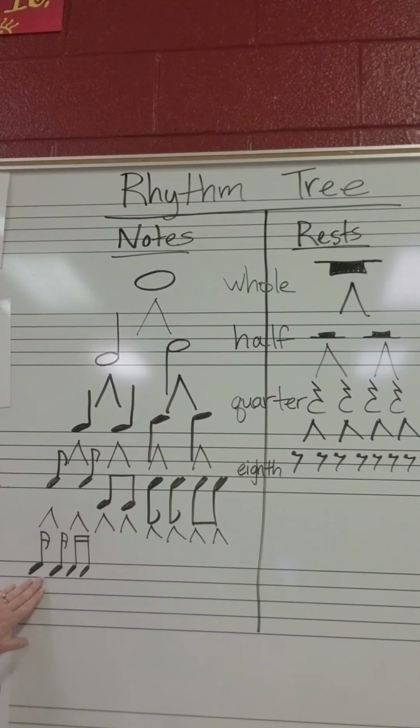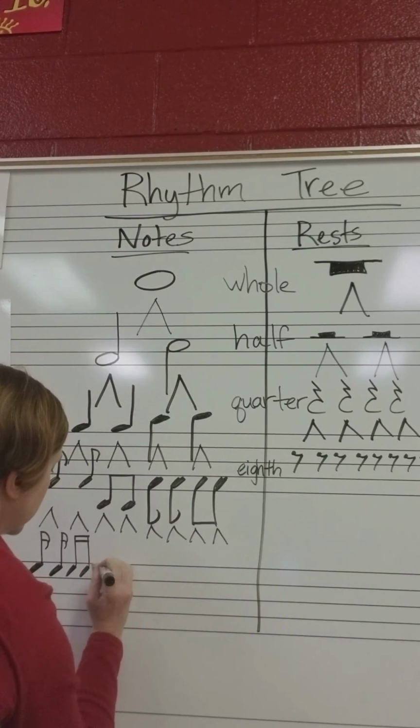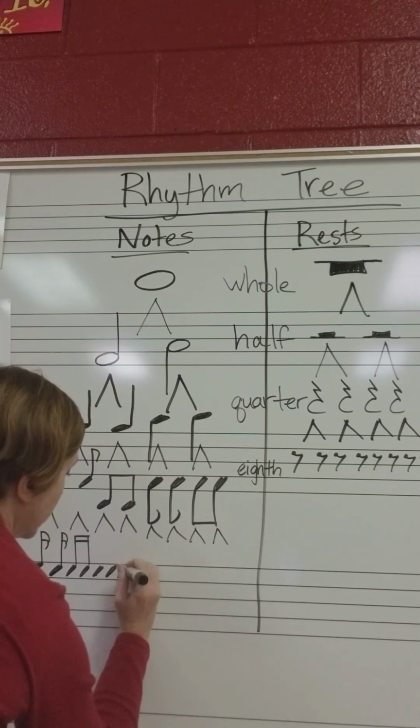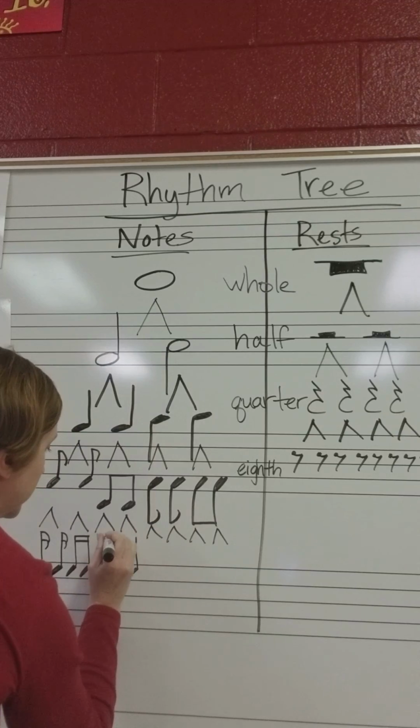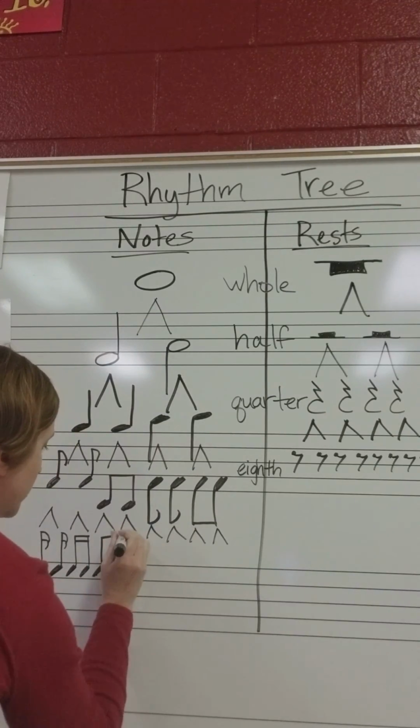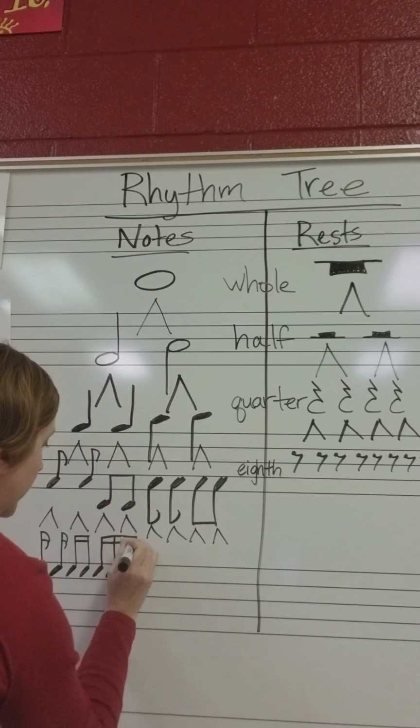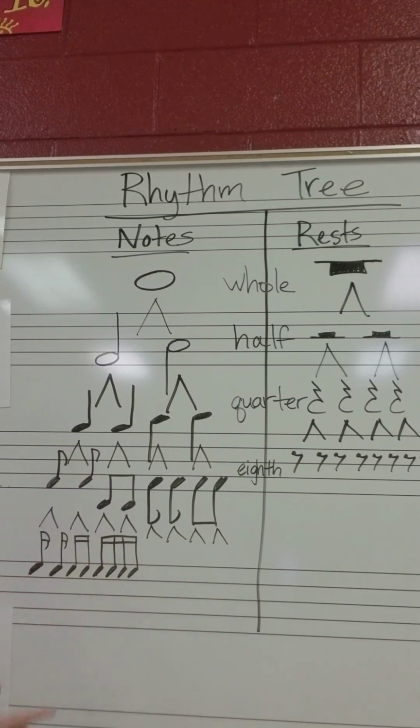So sometimes you can see 16ths as singles. Often we see them paired up, and even more often we see them in groups of 4. So each note is going to have a stem and a doubled beam.